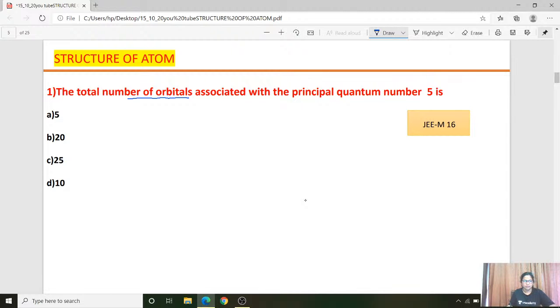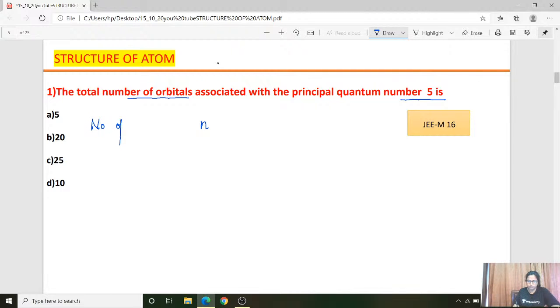Most of them are giving the answer as, I think, some of you are giving the answer as A also. Alright. See student, you know what is principal quantum number. If the principal quantum number is n, remember this formula for number of orbitals: n square is the formula.